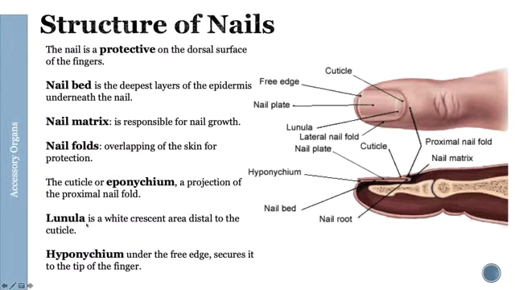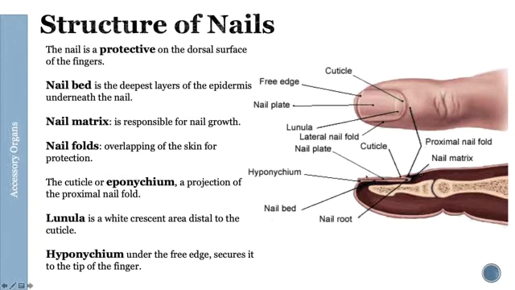The lunula is a white crescent area distal to the cuticle. Here we have the lunula right there, and we have the hyponychium, which is under the free edge of the nail. The free edge of the nail is whatever grows outside of my body, and it secures the nail from the tip of the finger.